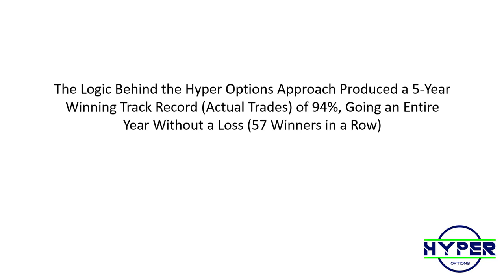But the logic behind the hyper options approach produced a 5-year winning track record. Actual trades, when I was providing signals for the same type of approach several years back, it had an actual winning track record of 94%. And in fact, in one of those years, it went an entire year without a loss. It generated 57 winning trades in a row without a loss.